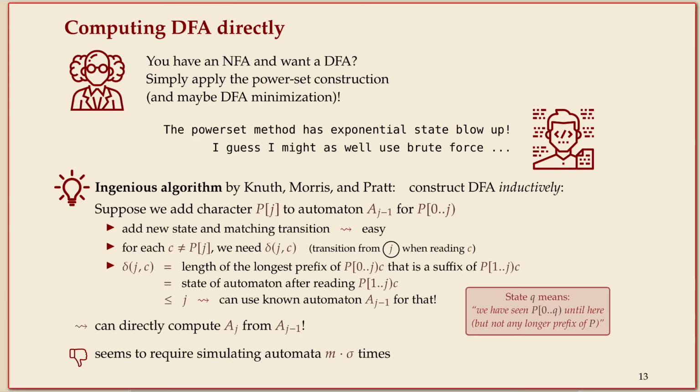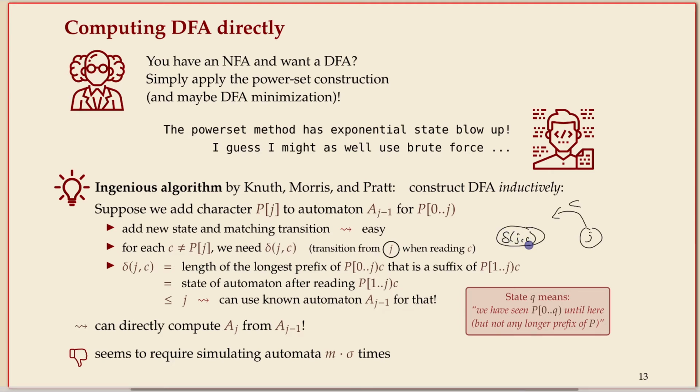So let's go through this. So delta is the target of this arc. Delta jc means I'm in state j, and I'm reading a character c. And now I have to jump back. So these are only for the arcs that don't bring us forward. And that leads to a state delta jc.